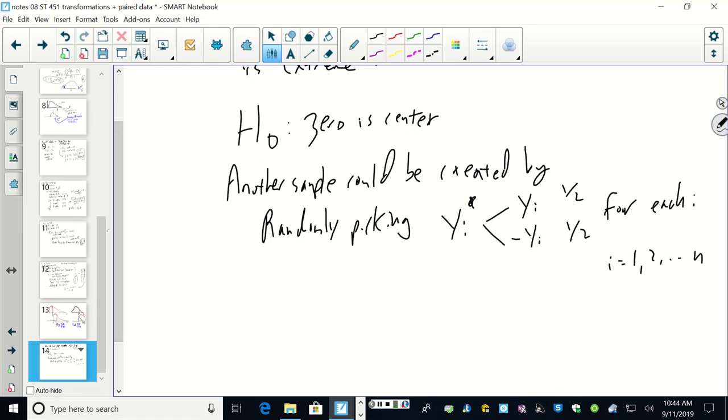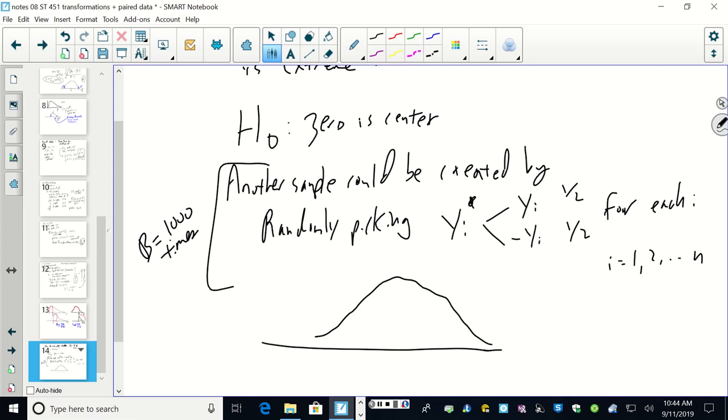So if we create another sample and we do this, say, 1,000 times, we'll get a distribution centered around 0 of this sum, the sum of the ranks. So we randomly do this for the new sample, calculate the absolute values, and then add up the ranks for the ones that are now positive.